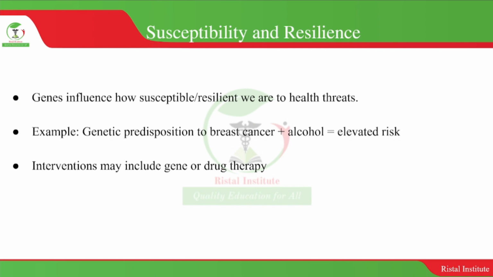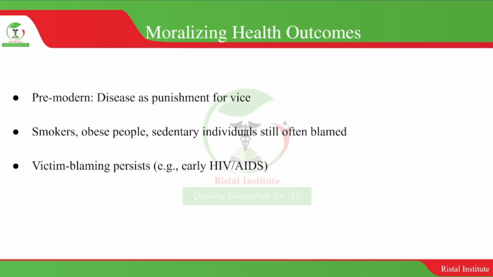Okay, and for that case, the emphasis was basically on dealing with the risk factor, and the interventions were directed at the individual, where the person is either given drug therapy or genetic counseling and things like that. And then the other thing that was happening previously is that people were blamed for the illnesses that they had.